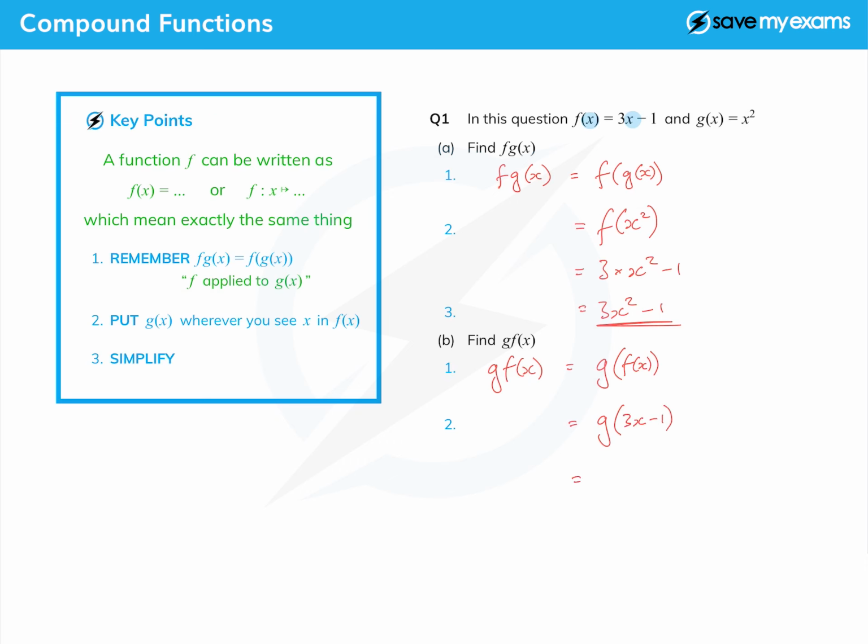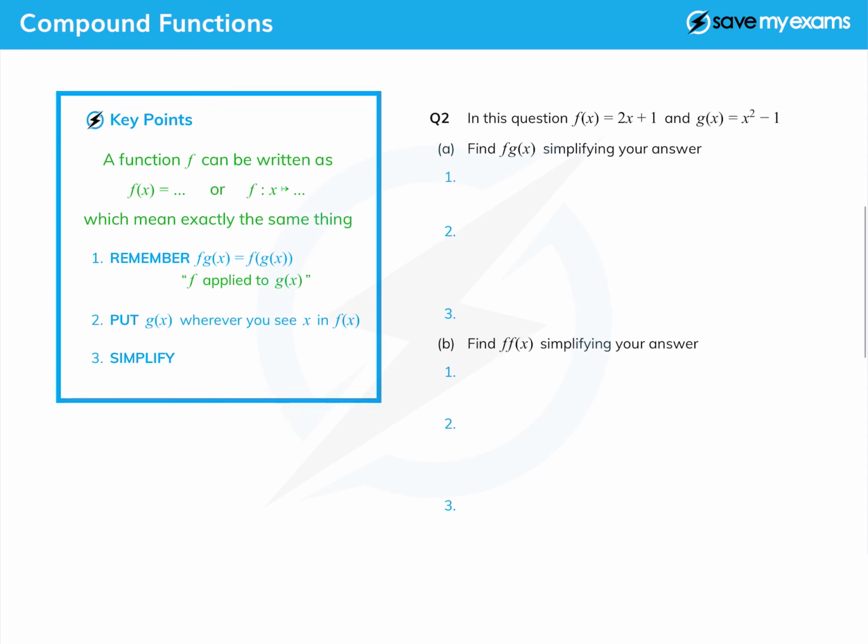And now, wherever we see an x in g of x, so there it is with a squared, we just replace that by 3x minus 1. And so this is (3x minus 1) squared. Because g of x is x squared, and so g of 3x minus 1 is (3x minus 1) squared. I don't really need to multiply that out because that's nice and neat.